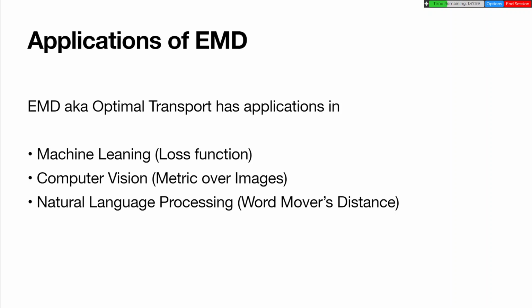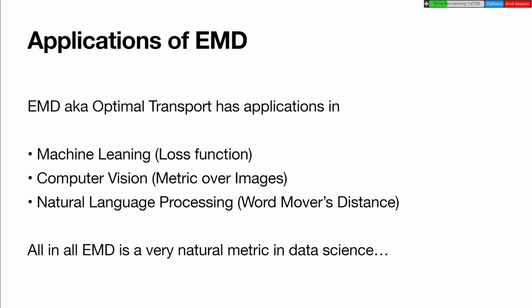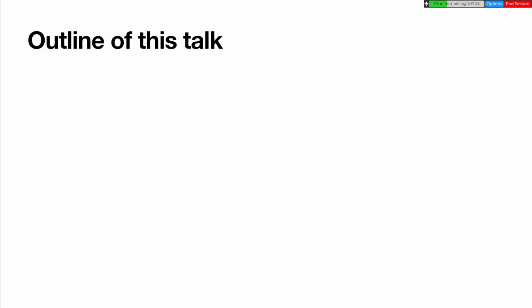Then we can compute the distance between two passages as the Earth mover distance between these two sets of words. And if they have different cardinality, then we just need to use the more general definition of Earth mover distance as a distance over probability distributions. So all in all, EMD is a very natural metric in data science, so it's worth studying from a theoretical point of view.